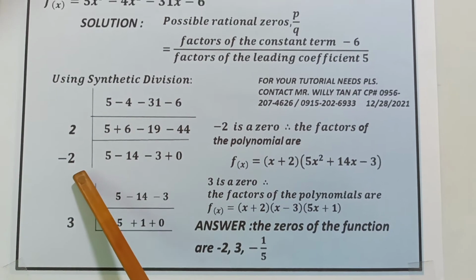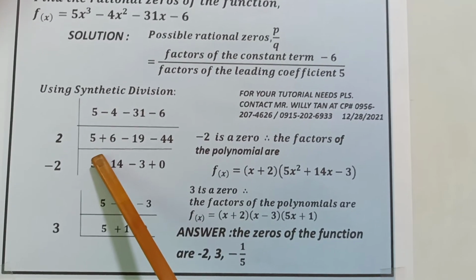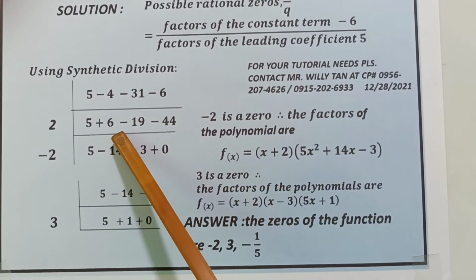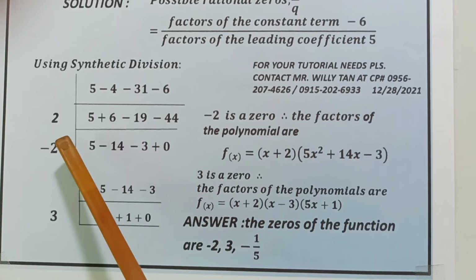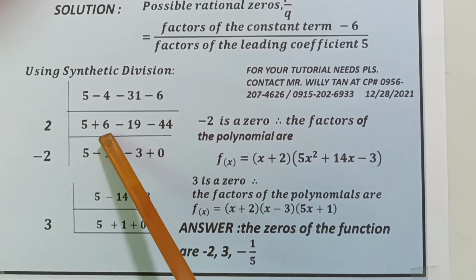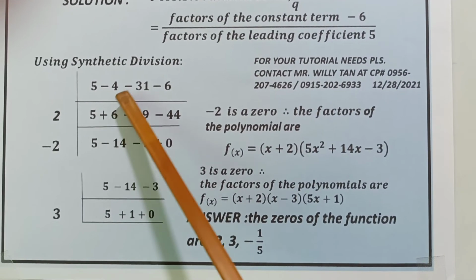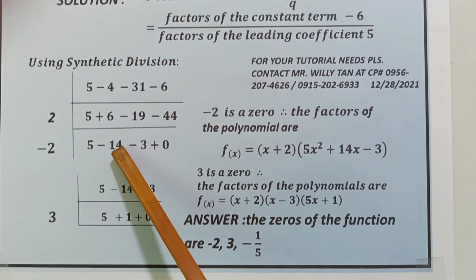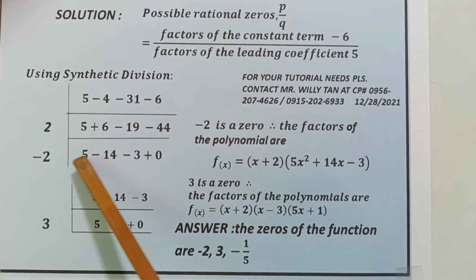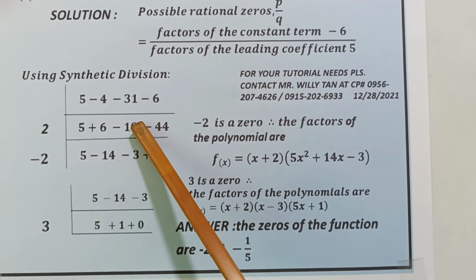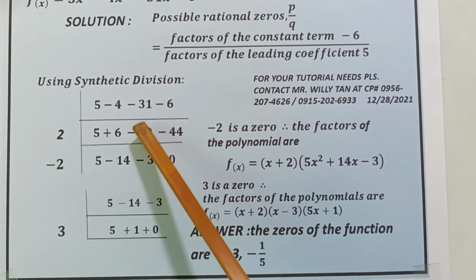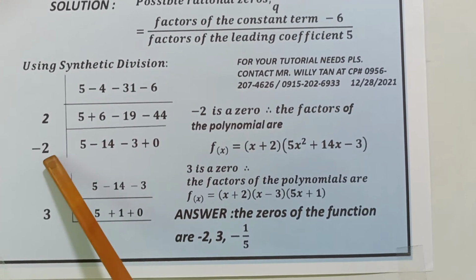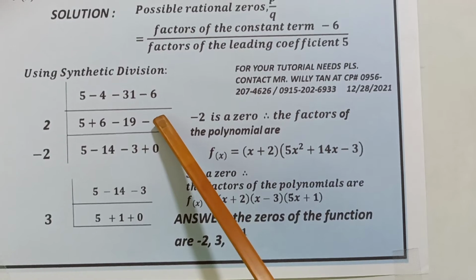So we try -2. Bring down 5. 5 times -2 is -10. -10 plus -4 is -14. -14 times -2 is positive 28. -31 plus 28 is -3. -3 times -2 is positive 6.